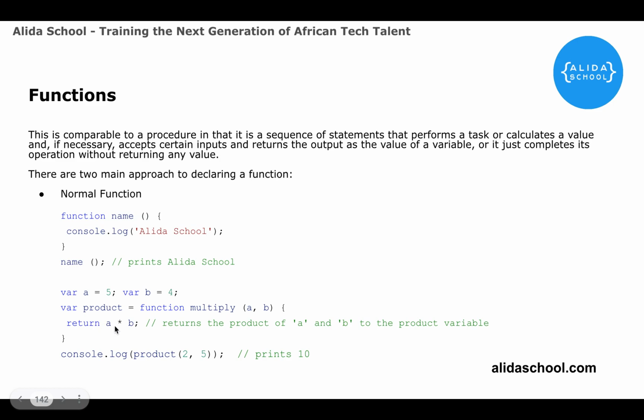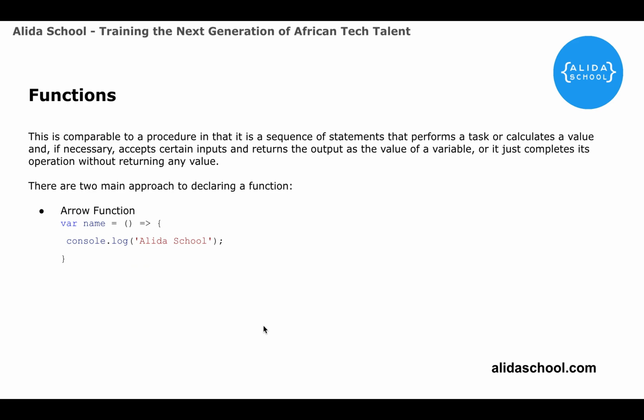And because we are now returning the value into this variable product, we now have product with the new value of 10. So technically, to get the product value printed on our console, we have to do console.log product while passing the two arguments required.